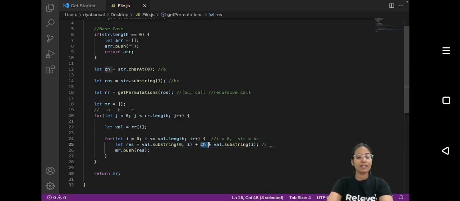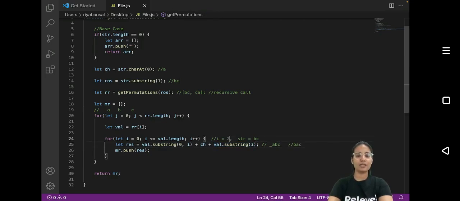Then I am adding the character, so basically A gets added, and then I am considering the substring from the 0th index, because val dot substring I, so I get ABC. The second time, the value of I is 1. So what is the substring from 0 to I? It is just B. Correct? From 0 to 1, the substring is B, and then we add the character, which is A, and then we add the rest of the substring, which is just C.